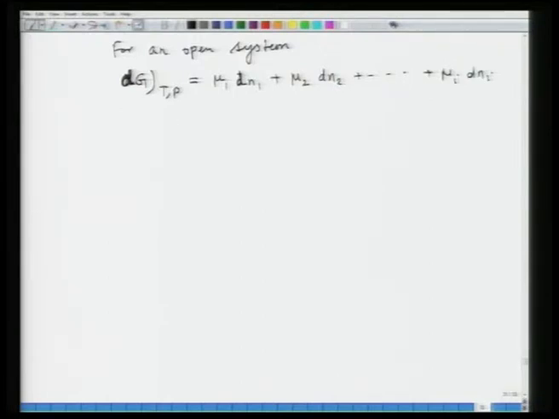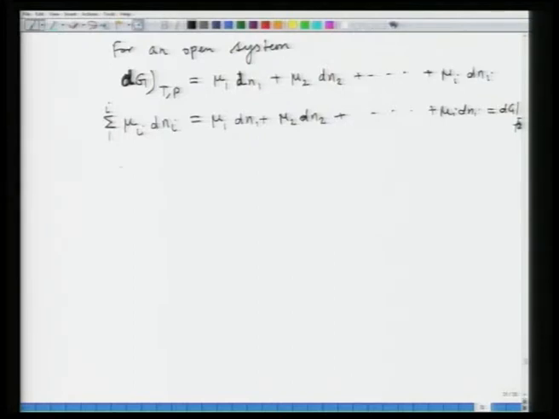Now, from this I can write the sum from 1 to i of mu i dNi is equal to dG at constant temperature and pressure.